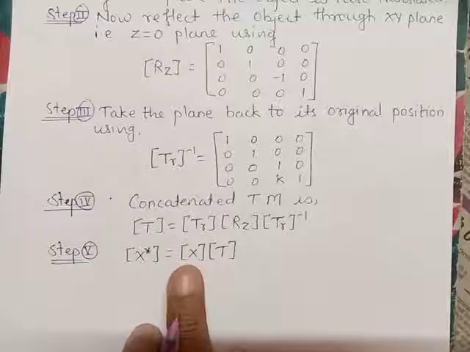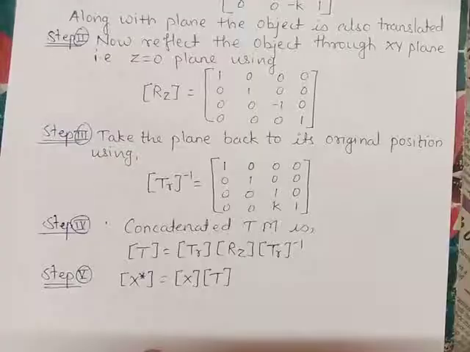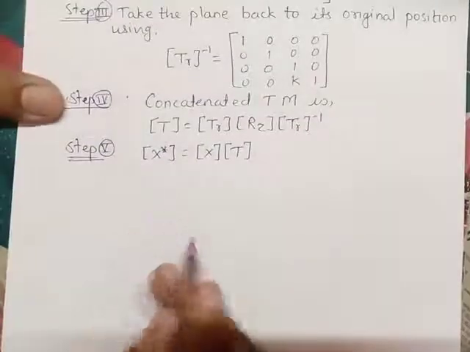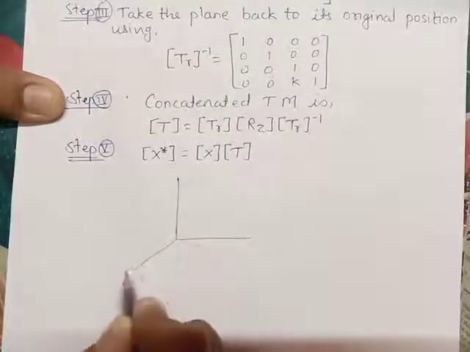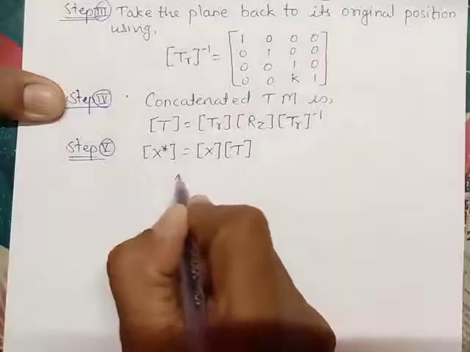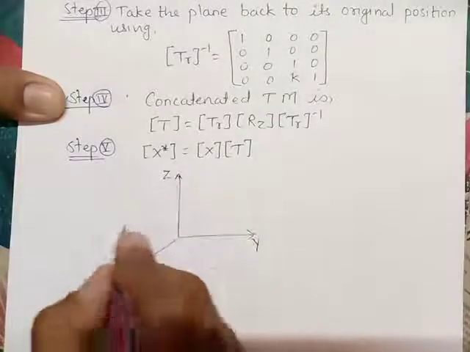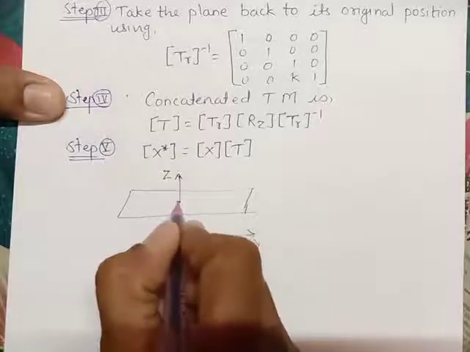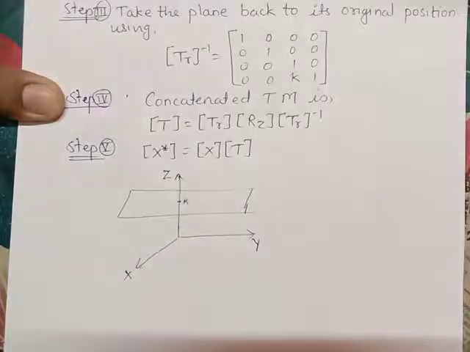Now try to understand this thing here. Let me explain. You can visualize it, and it will be very clear to you. Suppose this is X, Y and Z. Here there is somewhere a plane, here the point K on Z axis.